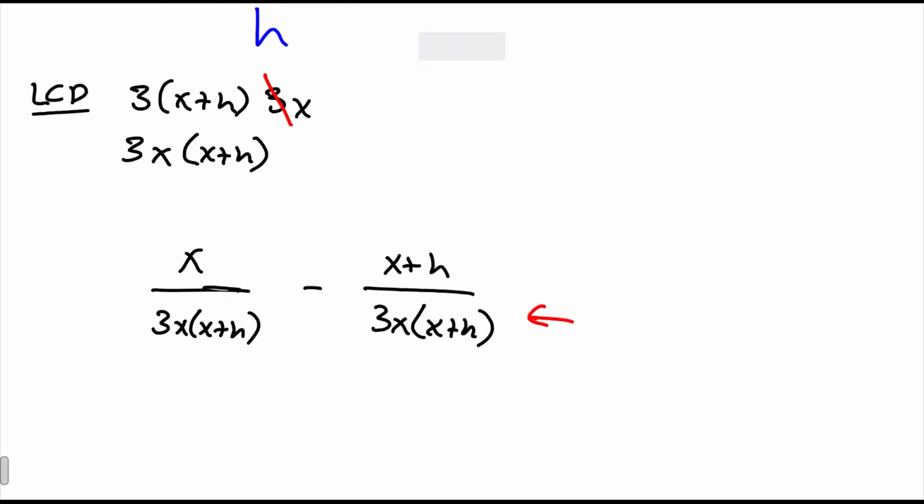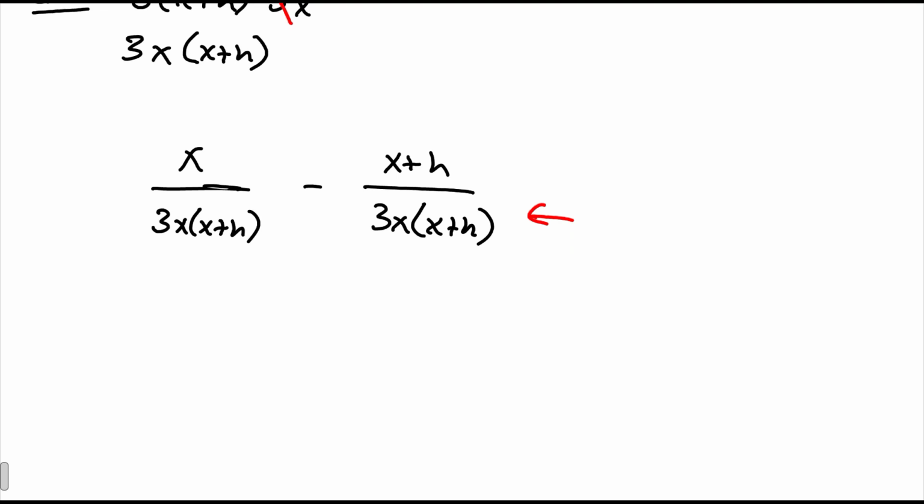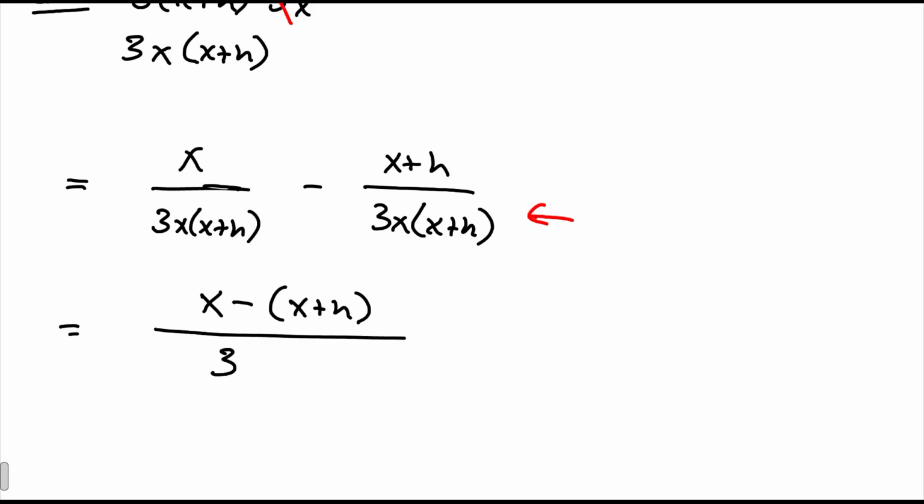So now, let's start simplifying. We can start multiplying our stuff out. So, on the top, since these guys are the same denominator, what I can do is just go ahead and subtract. So that would be x minus, parentheses, x plus h, all over 3x times x plus h on the bottom.